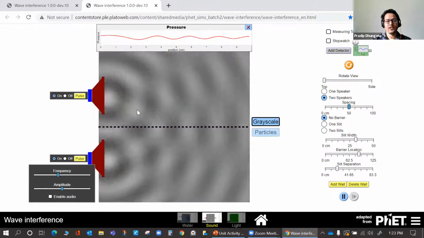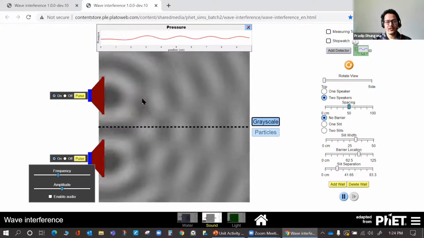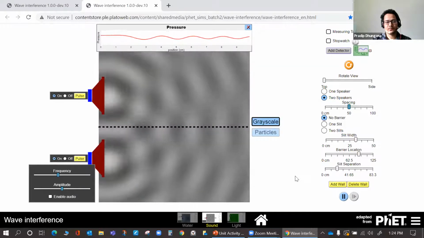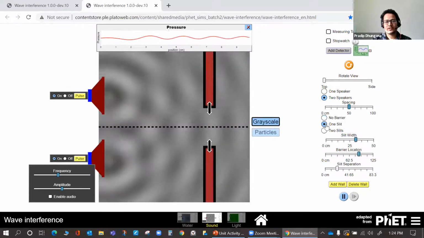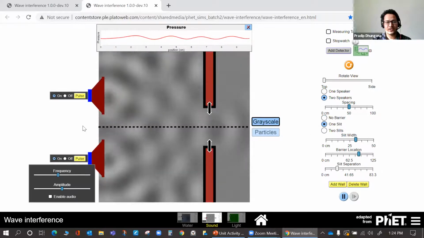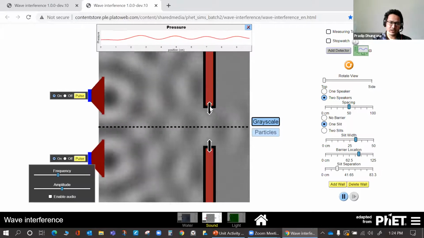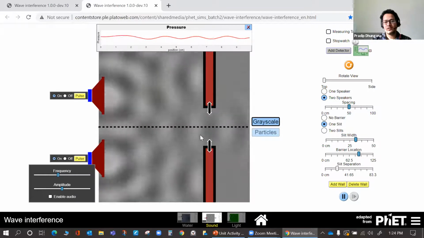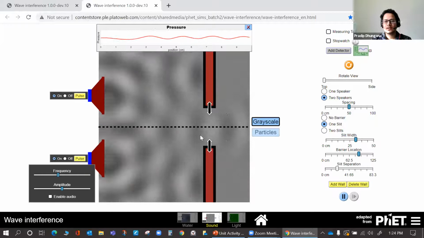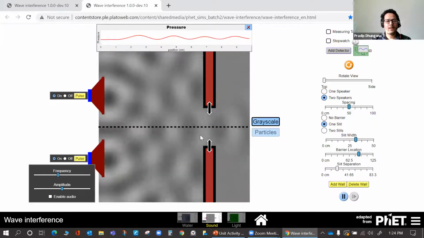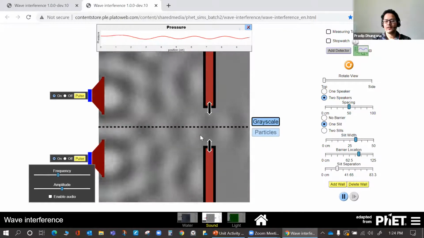Look, we can see an interference pattern here, dark and light areas. And then one slit here, same thing here. We can see interference on this side, and here the wave is traveling through the corner. That is diffraction. These are the things.